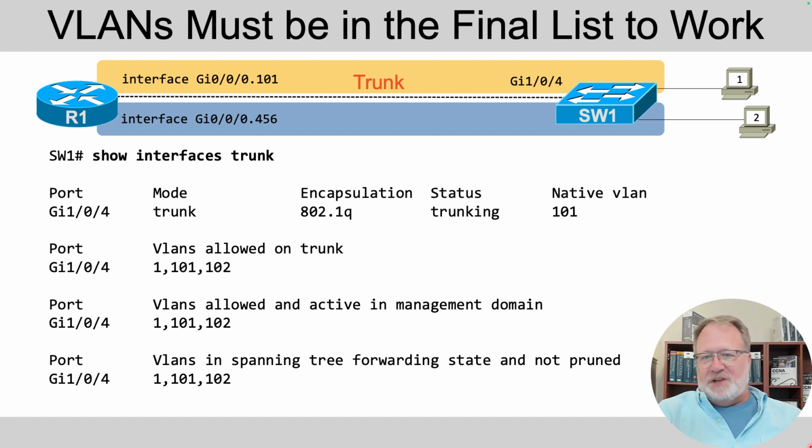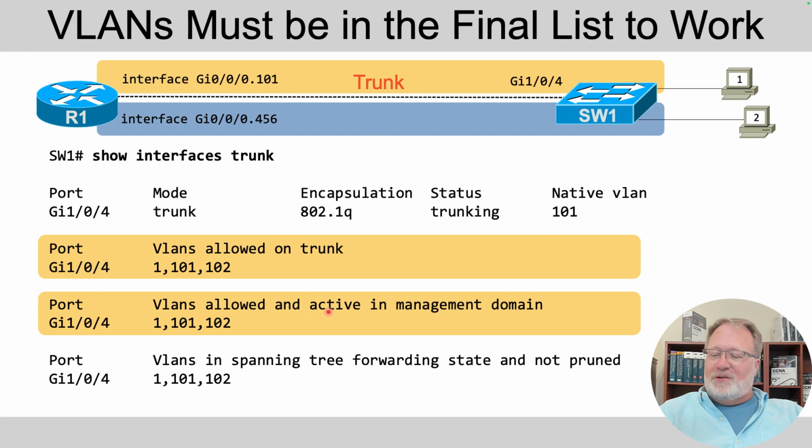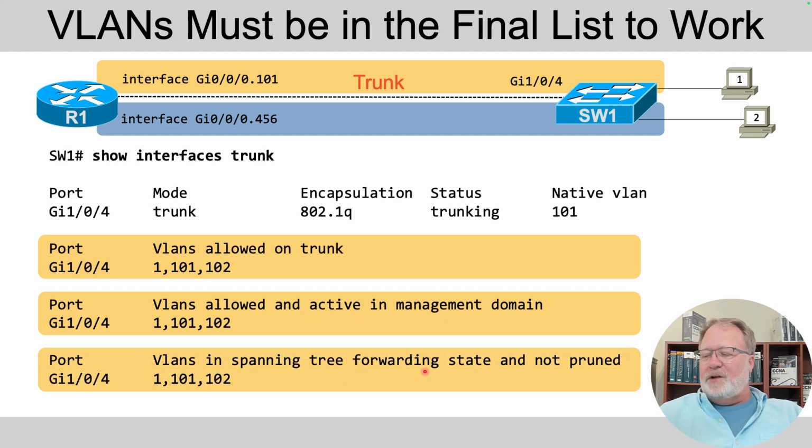Here are a few other things to check on. Output on the switch. This show interfaces trunk command is very interesting. You want to look at the output related to the switch's interface. It needs to trunk. And not only does it need to trunk, it needs to support the related VLANs all the way through to this bottom list. You can think of this output as having 3 lists in it. And I'll highlight this one. This is the list of VLANs allowed on the trunk. And then those allowed also active in this domain, and then also in spanning tree forwarding and not pruned.